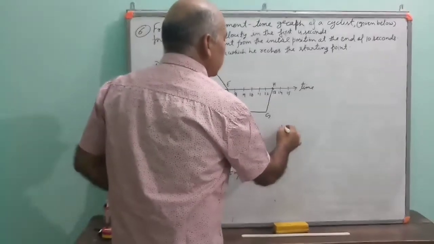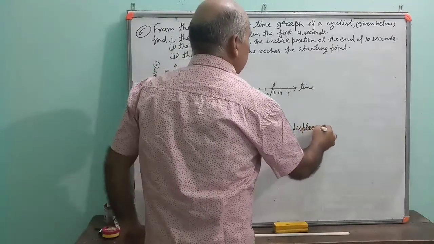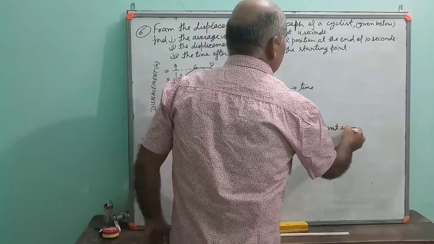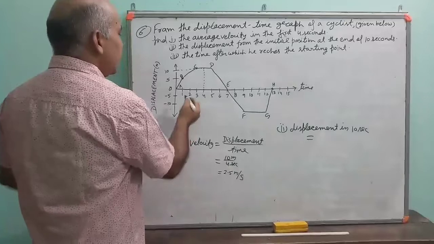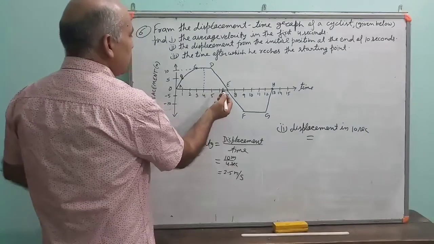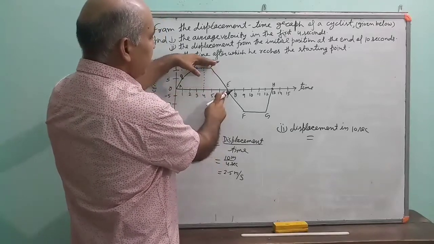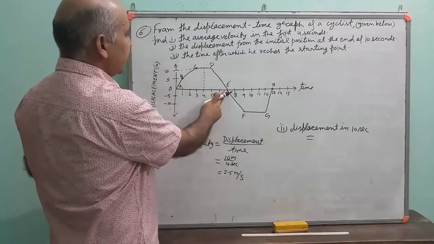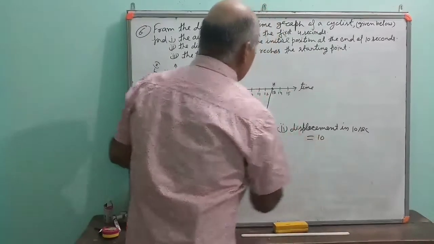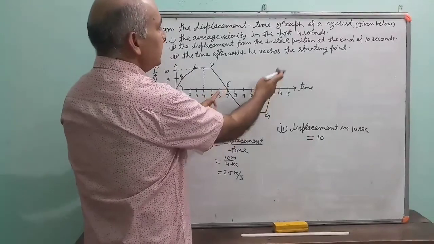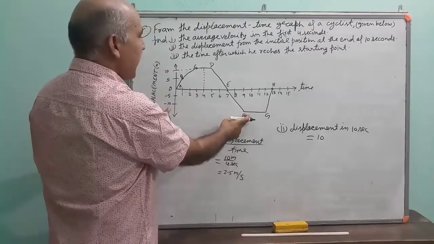So here displacement in 10 seconds will be equal to, see here, first the displacement is 10. In the first 7 seconds the maximum displacement is 10 meter, and then in the next 3 seconds the displacement is minus 10.